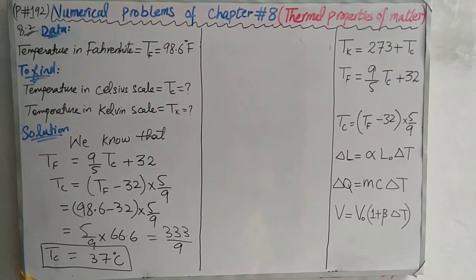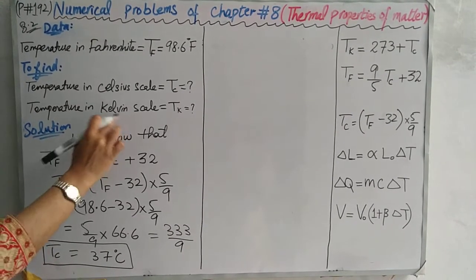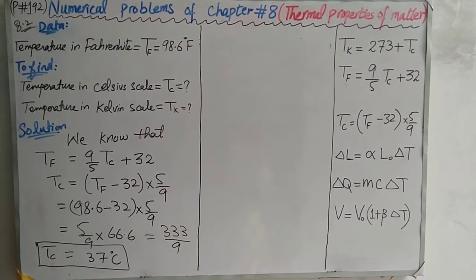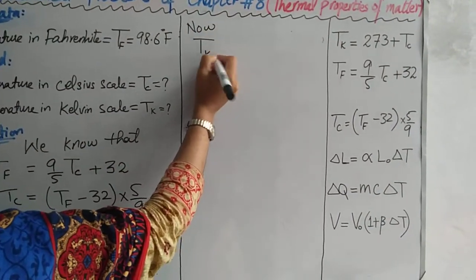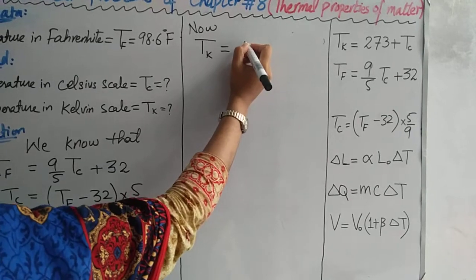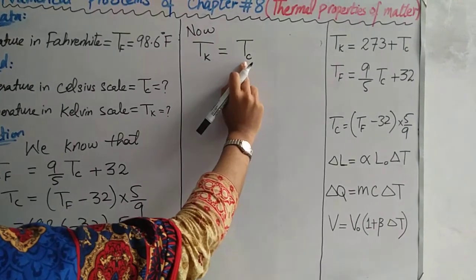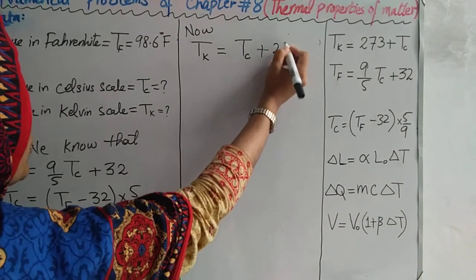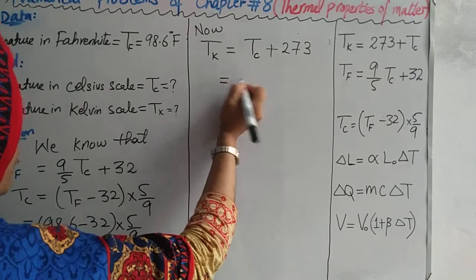Now in the next step, we have to find out the temperature in Kelvin scale. As we know that TK is equal to TC, means temperature in degree centigrade, plus 273. This is our formula given in your textbook.